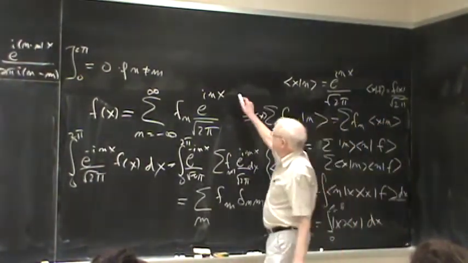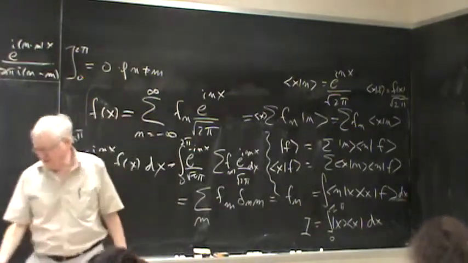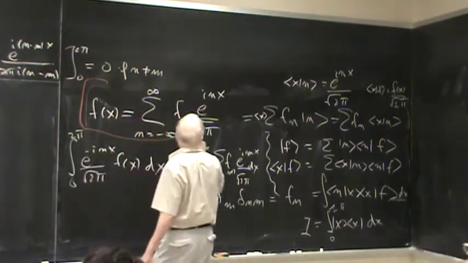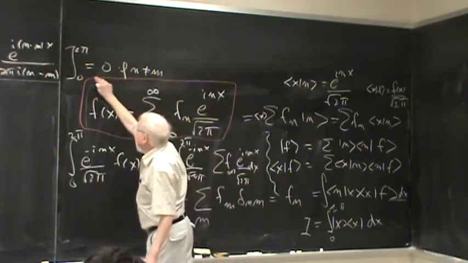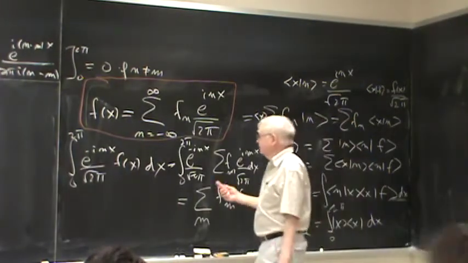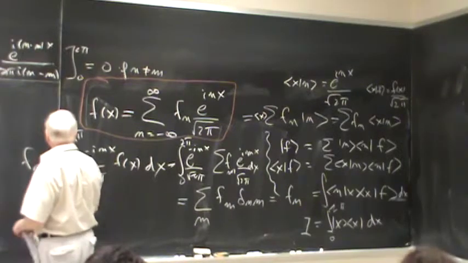Now, this is then the Fourier series. So maybe I can use a colored chalk here. This is the Fourier series for the function, and the coefficients F_n are given by these integrals.